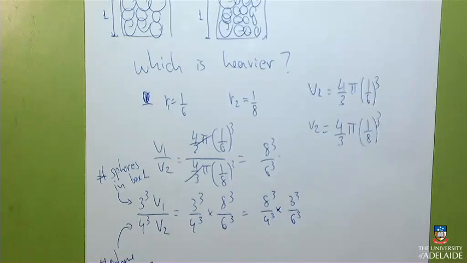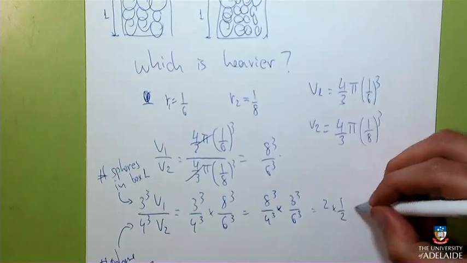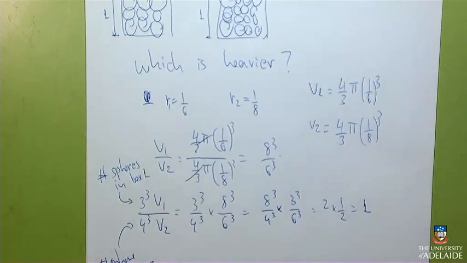Come on, help me out. What is this? You don't need a calculator for this. This is going to be 1, right? So this is 2 times 1/2. Okay, so the answer here is just 1, which means they will be exactly the same.